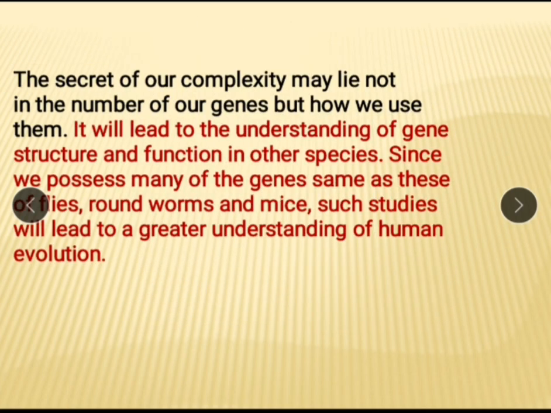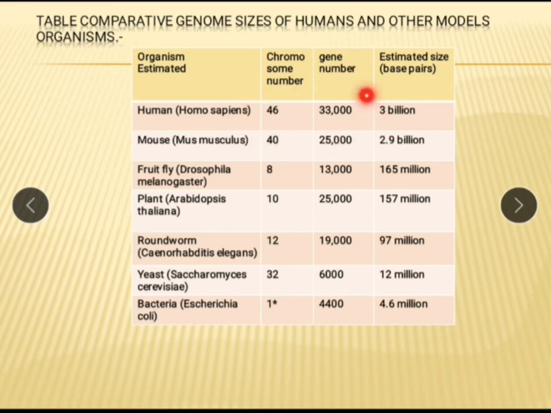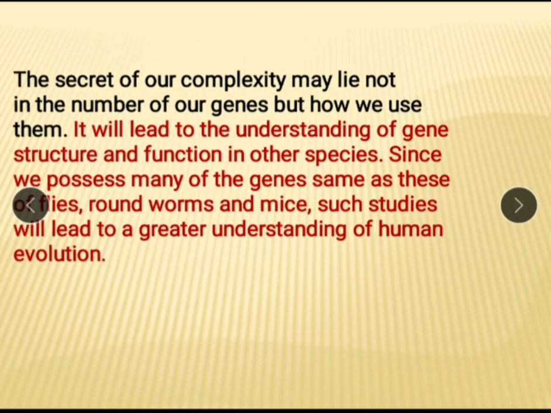And this suggests that the secret of our complexity may lie not in the number of genes but in how we use them. Though we are complex, our complexity doesn't lie in our chromosome number but in how we use them.